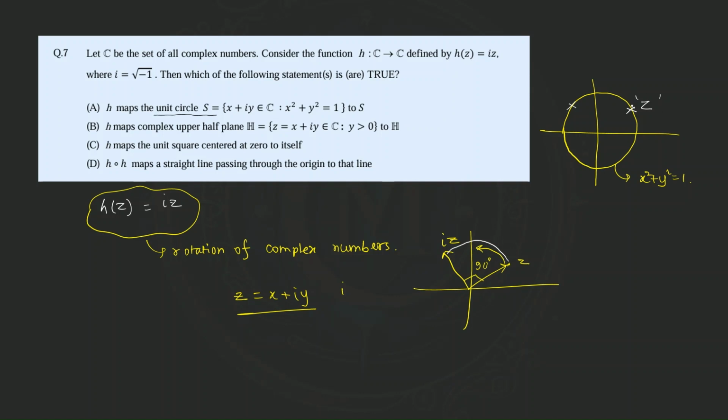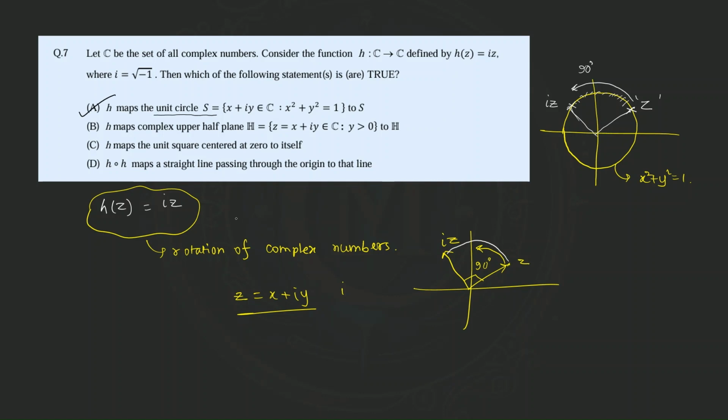So we can see purely by geometrical observation that the complex number we got by using h of z is again lying on this unit circle, because the unit circle itself contains this arc of radius 1. So option A will surely be correct, right?